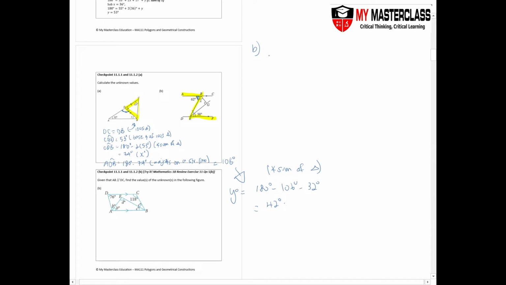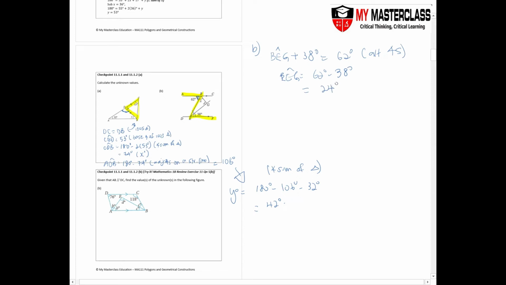So BEG plus 38 is equal to 62. Now, the reason is alternate angles. Correct? So it means that BEG equals 62 minus 38, which will eventually give you 24 degrees.